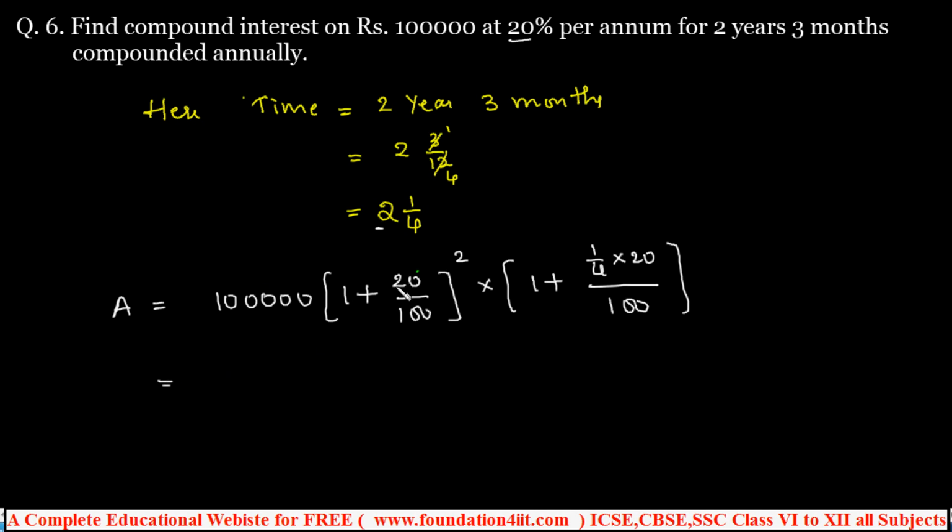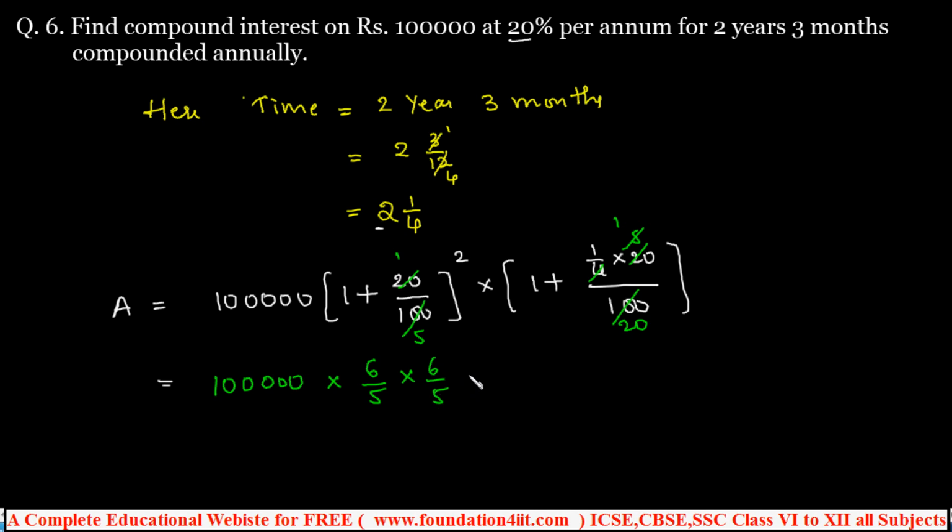Cancel this: 20 ones are 20, 5s are 100, so 1 by 5; and 4 ones are 4, 5s are 20, so 1 by 20. Yes, now you can write all this. So 100,000 into 1 plus 1 by 5, which is 6 by 5, 6 by 5, the whole square.